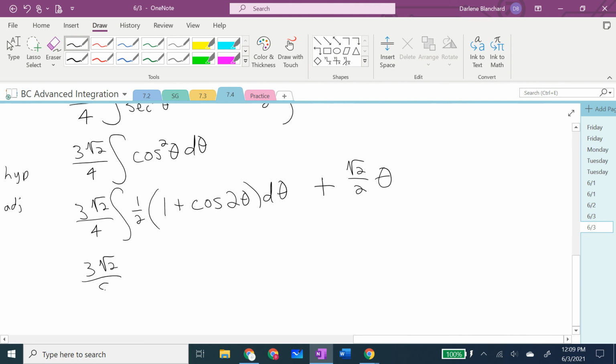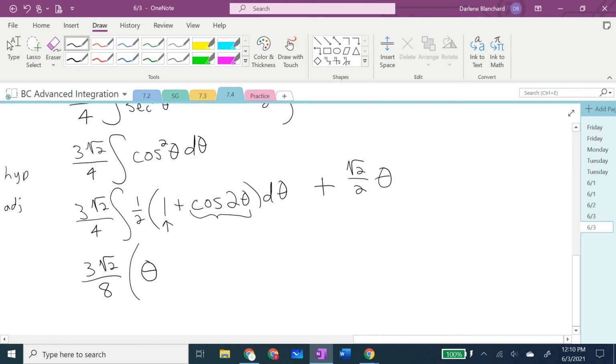I'm going to combine my constants. And then the integral of 1 with respect to theta is theta. And then what is the integral of cosine 2 theta as you do a u substitution?